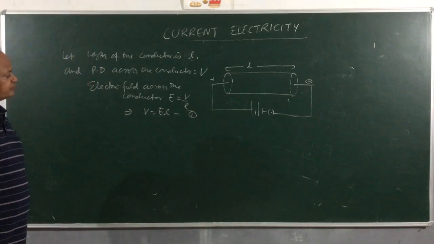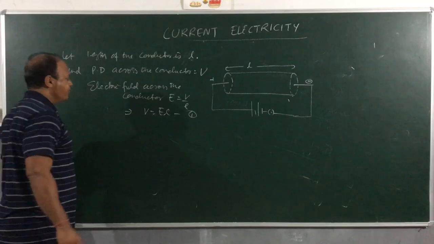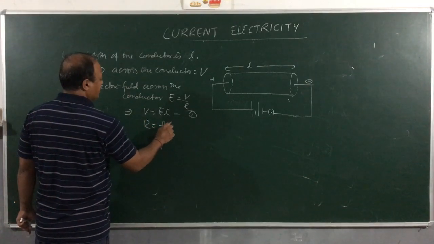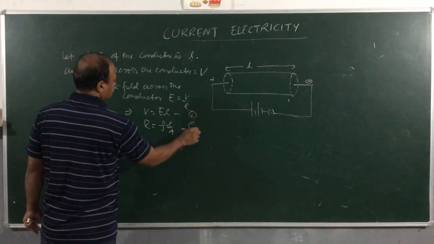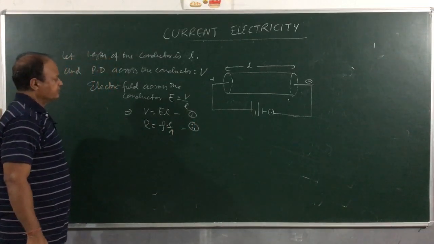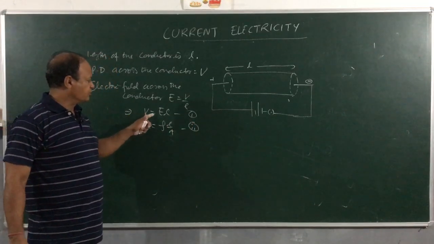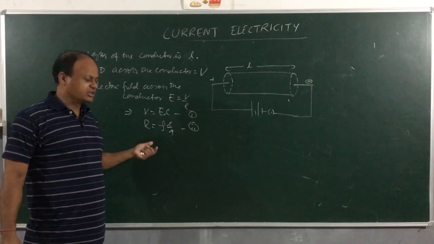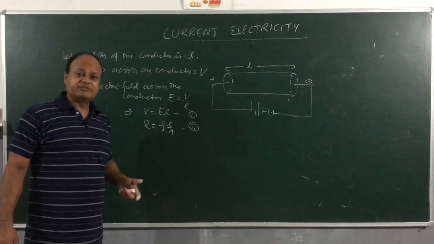Clear? Now resistance R is equal to rho into L by A. We know this also. V equals E into L, R is equal to rho into L by A. Rho is what? Resistivity.